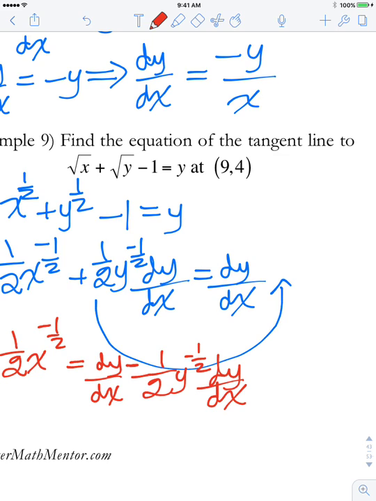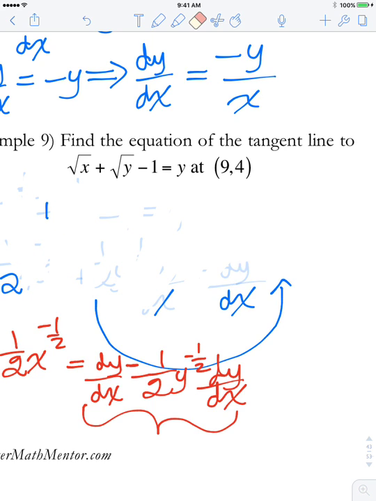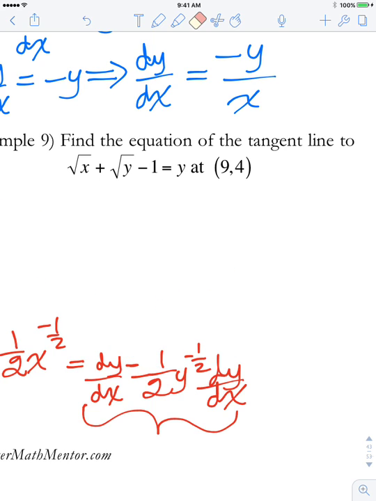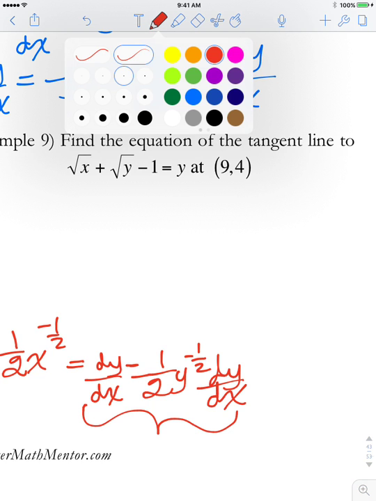Okay, well, take a look on this side. The greatest common factor is dy dx. I'm going to go ahead and just factor that out. I'm going to erase some of the stuff on the top just to give myself some room, everybody. Let me change colors again.